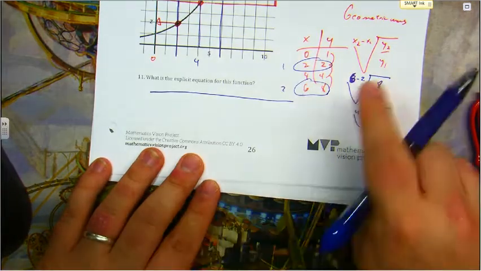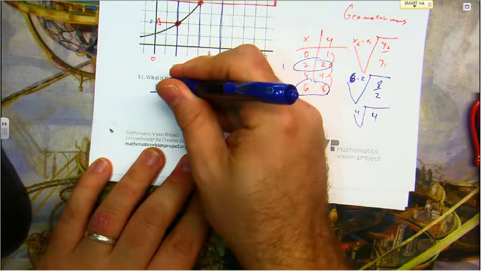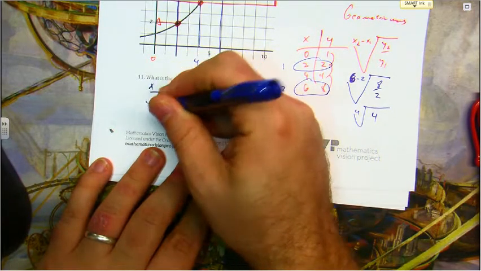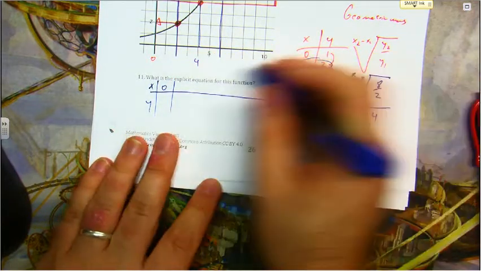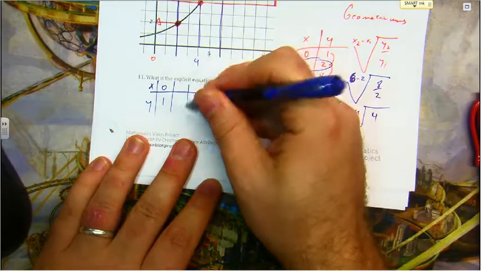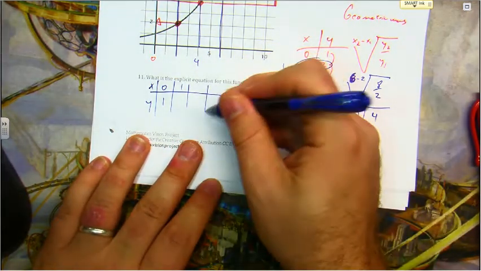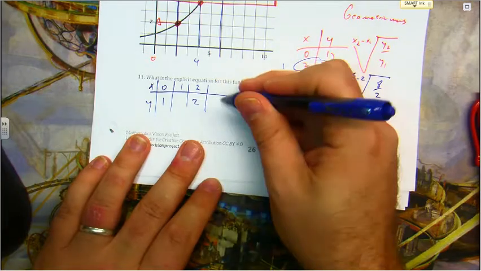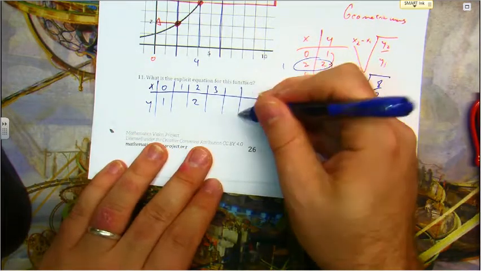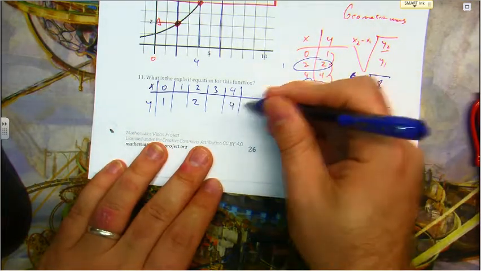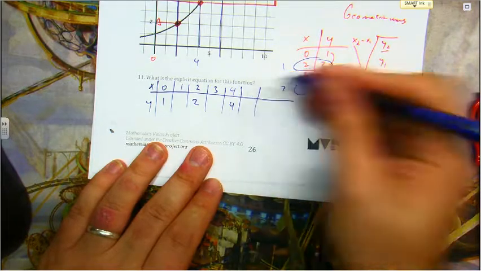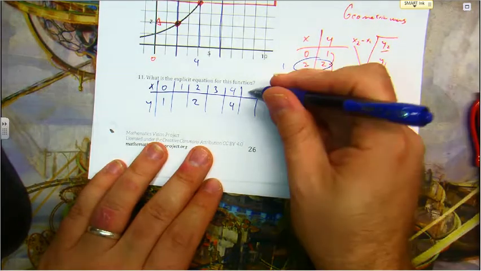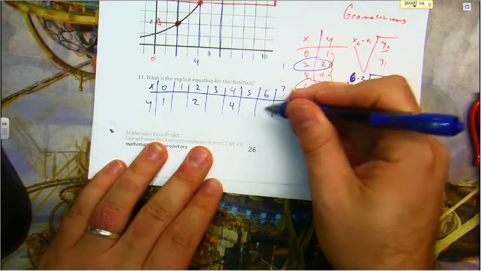So what we have here is at our x and our y, we've got 0 and 1. We don't know 1. We know 2 is 2. We don't know 3. And we know 4 is 4. We don't know 5, but we know 6 is 8.